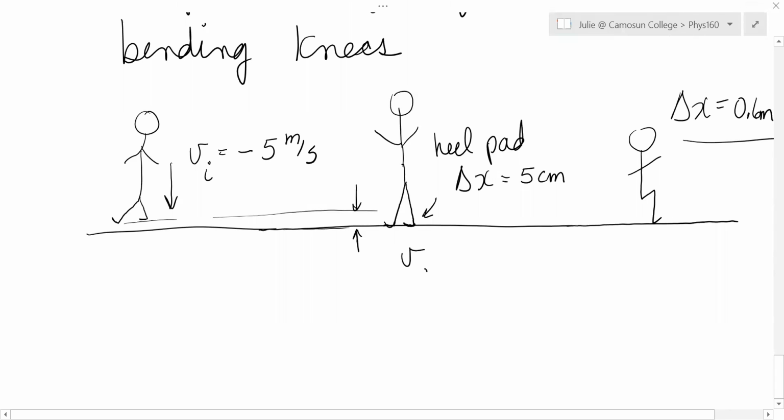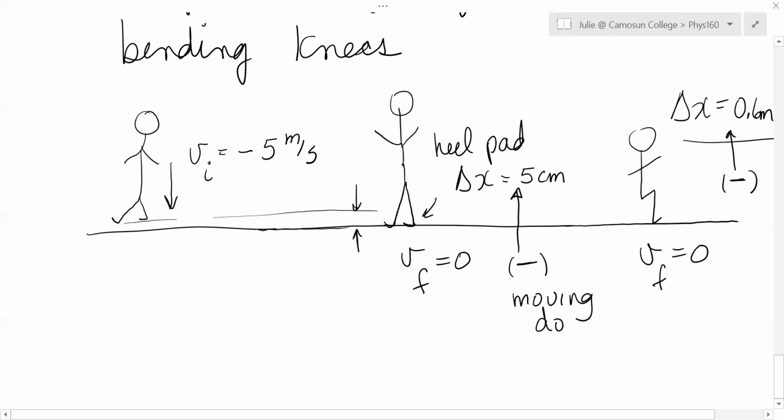VF is 0 in both cases, you stop. And the interesting thing, which way is this acceleration and which way are these displacements? Well, if you're falling down, this displacement would actually be a negative number, and so would this one, because you're moving down as you come to rest.